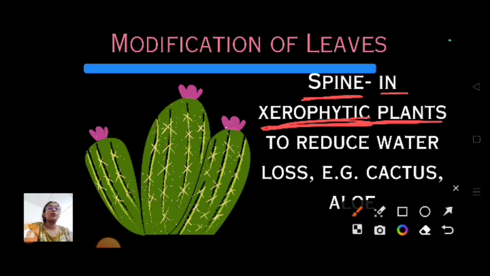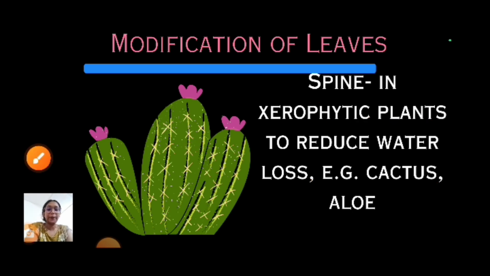To reduce water loss, the leaves are modified into spines to reduce water loss through transpiration, because they are surviving in a dry climatic condition, no? Are you understanding? So to prevent transpiration loss, they are modified into spine-like structures, like in cactus. Is it clear?